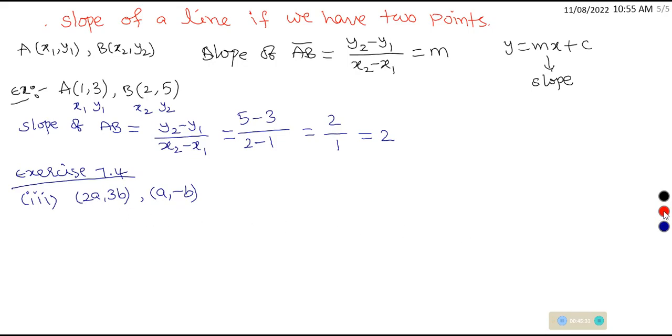Okay, let us take A is equal to (2a, 3b) and B will be (a, minus b). Now it will be x1 y1 and x2 y2.